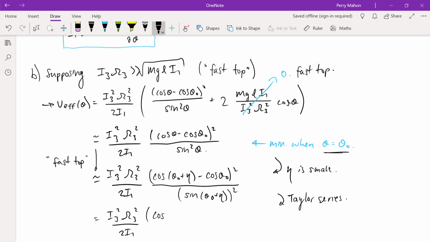We'll have cos theta naught minus eta sine theta naught minus cos theta naught. So we'll explicitly keep only up to linear order in eta.